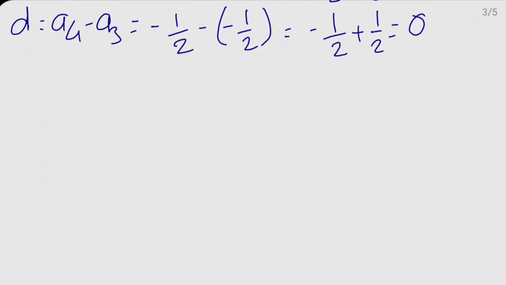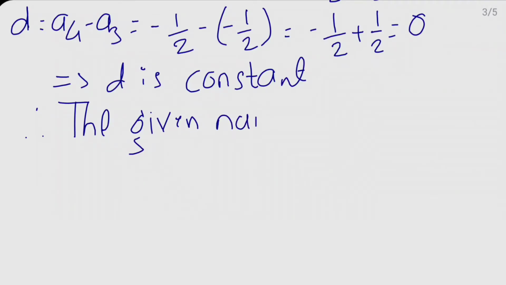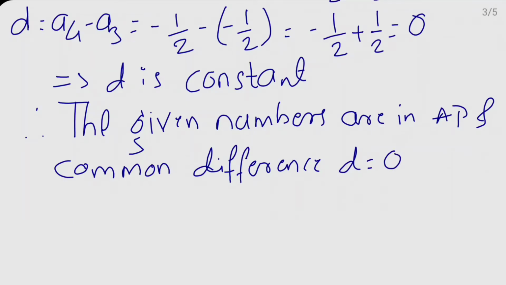So write down here: D is constant. Therefore the given numbers are in AP and the common difference D equals 0.